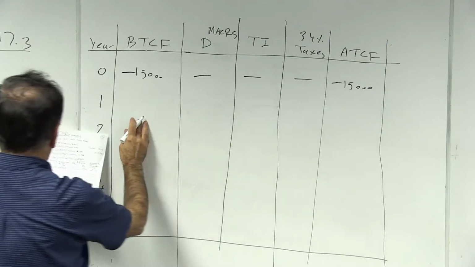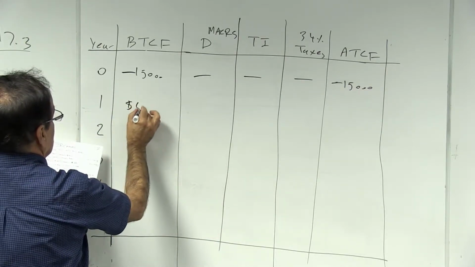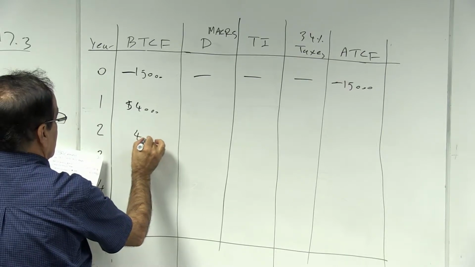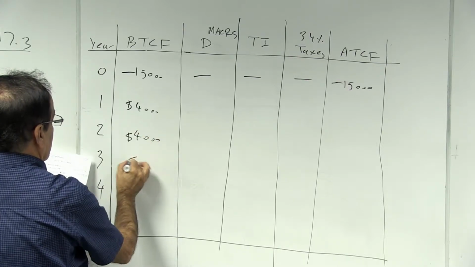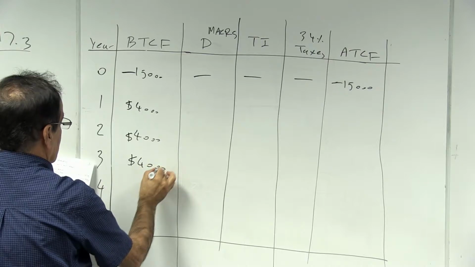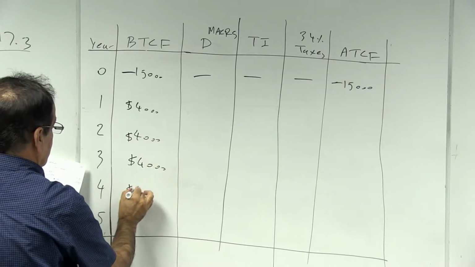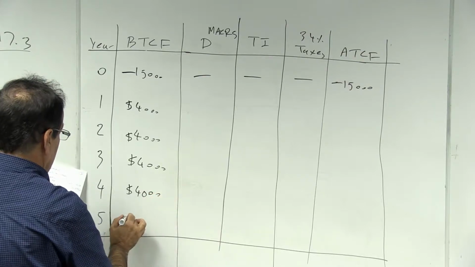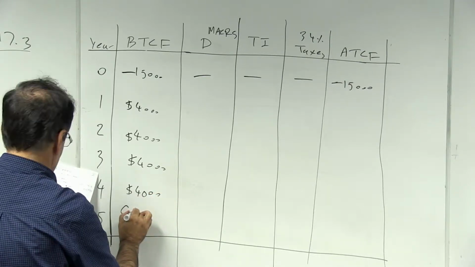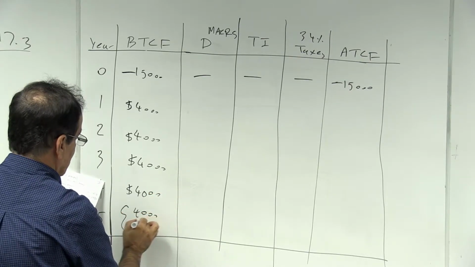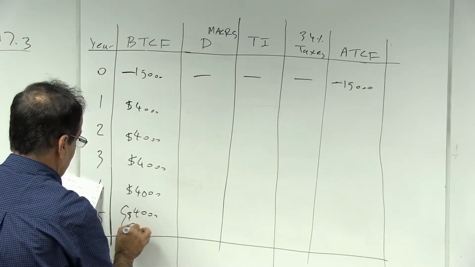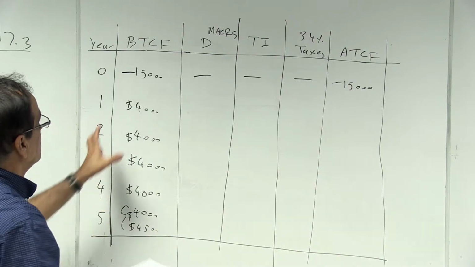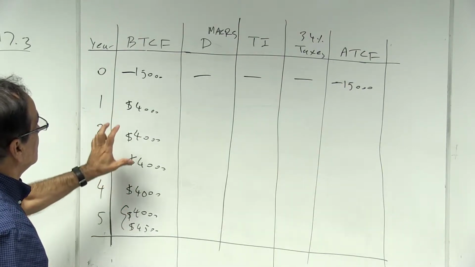Now the income is the same as before, 4,000. So that's your income. And the last year is going to be 4,000 plus the salvage value, 4,500. So this is just information based on the data for the example.